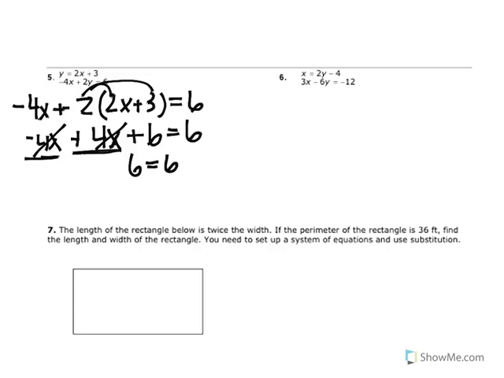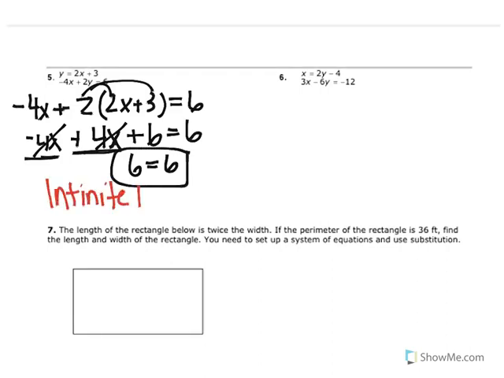Now when that happens, when your variable disappears that way, so actually both variables are gone, if you end up with a true statement, so when you get the same number, we're going to say that that's an infinite number of solutions. Infinite number of solutions.